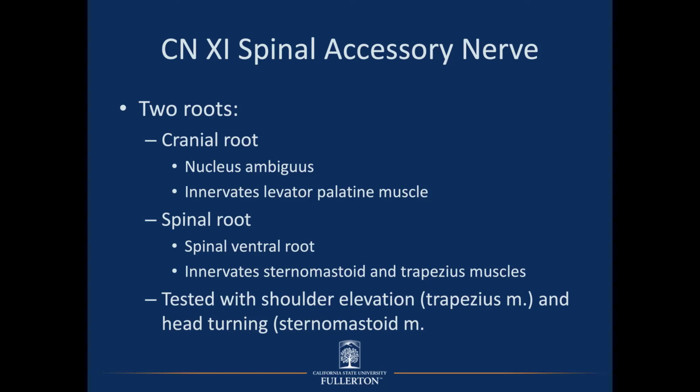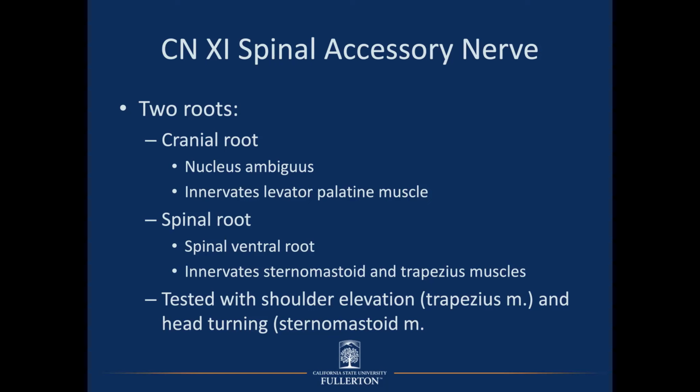And what you're doing in those two different tests is you're looking at trapezius. Typically, if they have an injury of the nerve itself, they have a droopy shoulder on the affected side. They may look symmetrical, and they elevate less well against your resistance of putting your hand on their shoulder and pressing down.